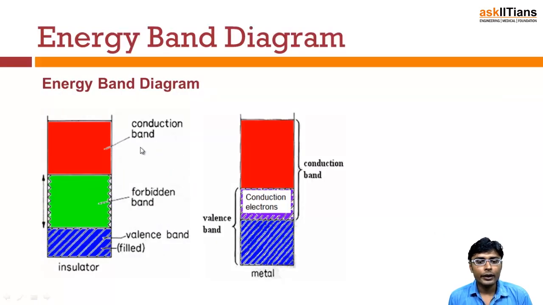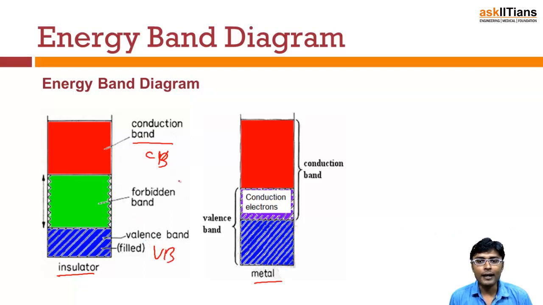Now, the energy band diagram. What does an energy band diagram actually represent? Let us first take the energy band diagram of insulators and metals. In any energy band diagram, in general there are three types of bands. One is the conduction band, CB. Second is the forbidden band, and third is the valence band.